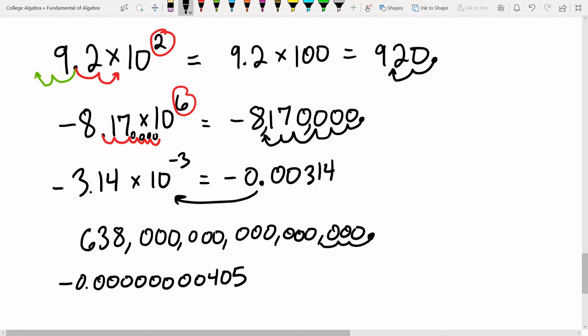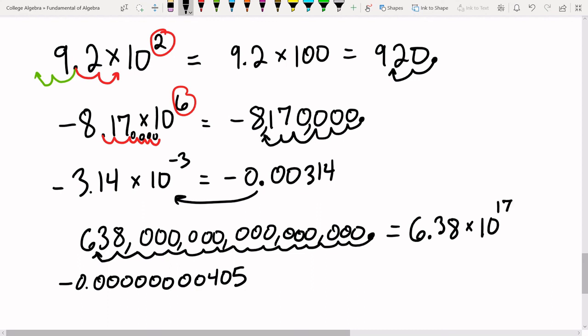So 1, 2, 3, 4, 5, 6, 7, 8, 9, 10, 11, 12, 13, 14, 15, 16, 17. That gives us 6.38 times 10 to the 17. Which is much easier to work with than writing out this long number.